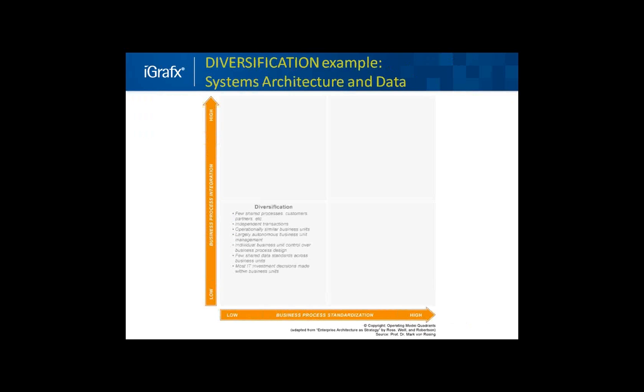In this perspective, you look at it in four lenses. If my business process standardization is low and my business process integration is low, obviously then my business functions, my services, my partners, my customers, they are diversified. My entire operating model is that I am unique. Therefore, I am diversified from what the others do.